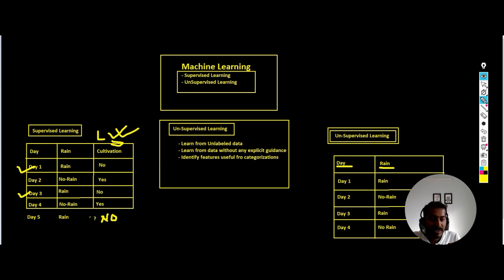They find the similarities, and based on the similarities they can categorize it themselves. So if we think about this day and rain, day 1 and day 3, rain happens, it looks similar. So day 1 and day 3 would be categorized under one cluster, one category, and day 2 as well as day 4 would be considered as another category, category 2.